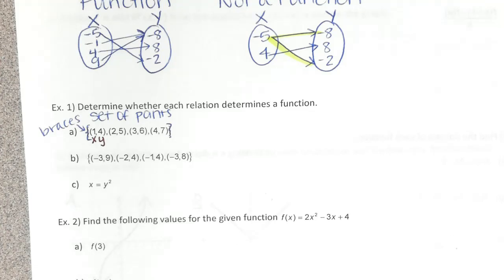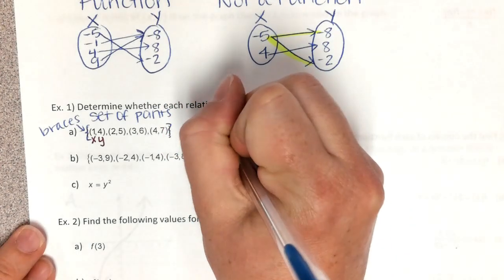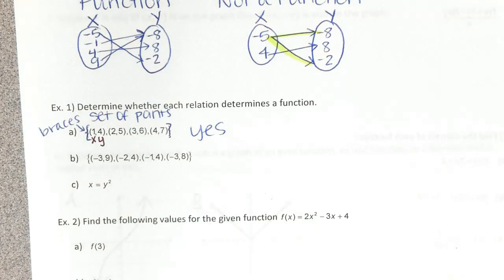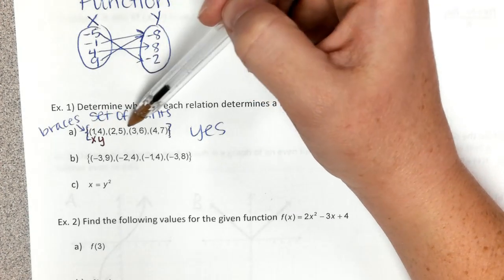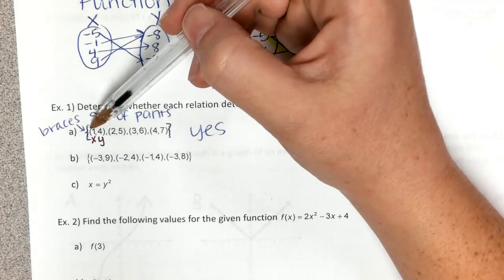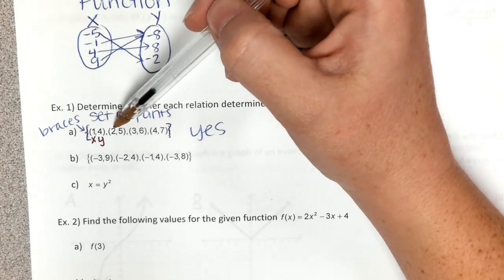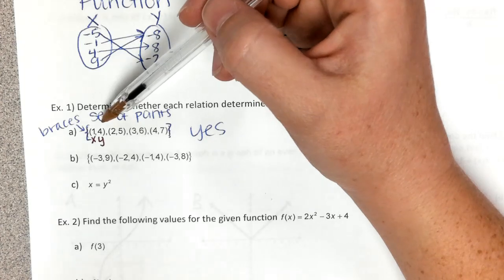Yes. Okay, student in the back, why do you say yes? Okay, what's the fast way to tell? It's the x values, yeah.